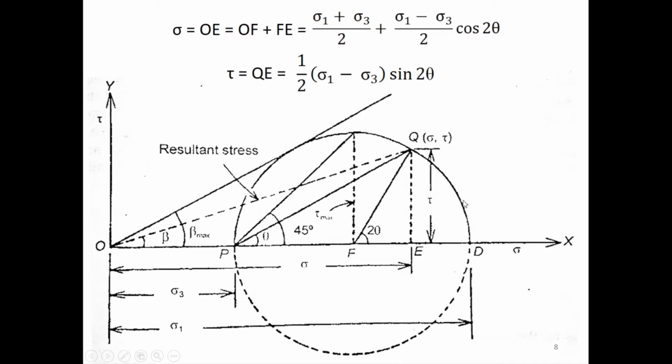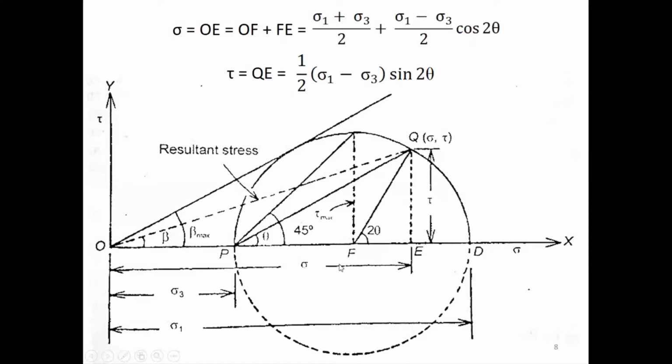Those points as coordinates represent the normal and shear stress on that particular plane which is inclined at any of those angles that it makes with the pole. So how do you find these coordinates? This is my sigma and this is my tau.